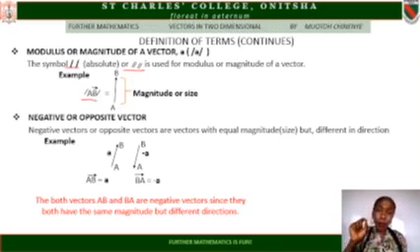But the important thing there is that the sizes are the same. They don't have different sizes. For example, if vector AB is A, then vector BA is minus A. They take a negative value. If vector AB is 5, vector BA, which is the negative of vector AB, will be minus 5. Very importantly, you have to note it down.